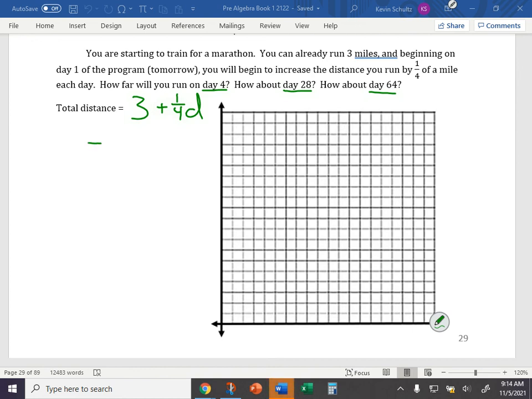Your first expression is going to look like 3 plus 1/4 times 4, right? Because day 4. Then you've solved that. Your next one, day 28 and day 64. Okay, and then graph it. So see what you can do. We've got one completely done as an example, one halfway done as a further example, and now this. Homework for Monday, folks. That's how you math.